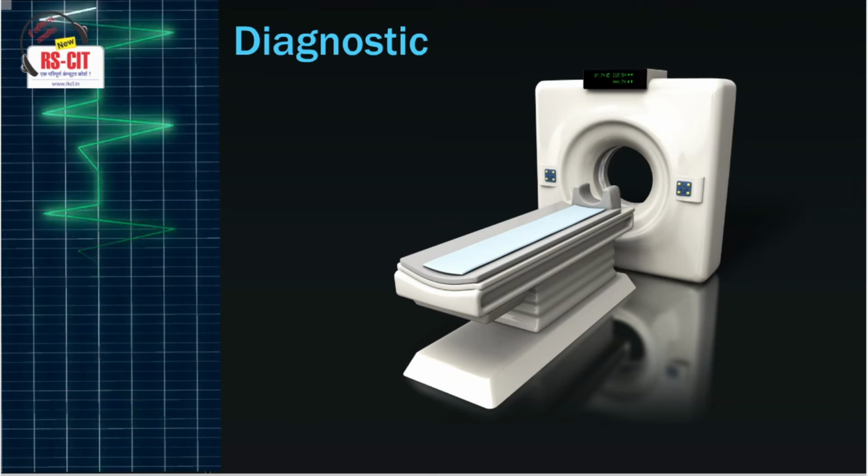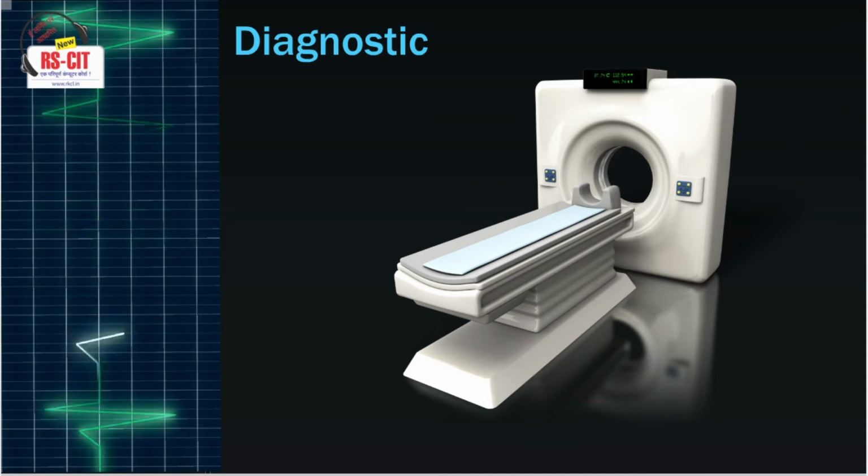CT scanning, on the other hand, uses computer technology to take several X-ray images that are two-dimensional cross-sections and turn them into a multi-dimensional picture that doctors use to make a diagnosis. These single X-rays are combined using computer programs that precisely reconstruct the internal structure of the patient.